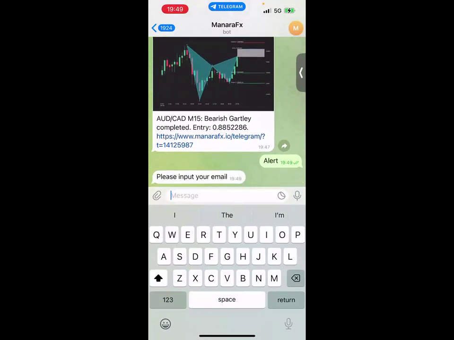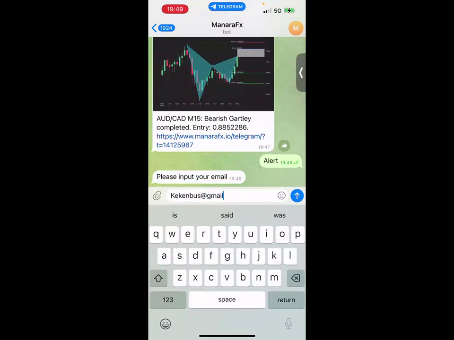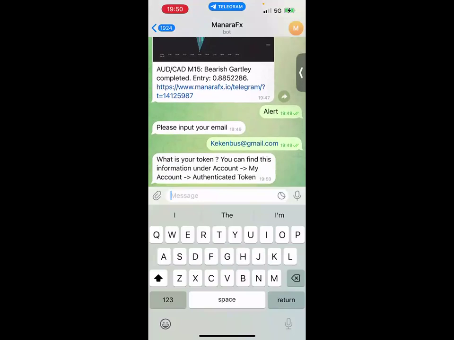It's going to ask you for your mail. It's going to ask you for your authenticated token. Now, where do you find this? It says you can find this under accounts, under my account, authenticated token.